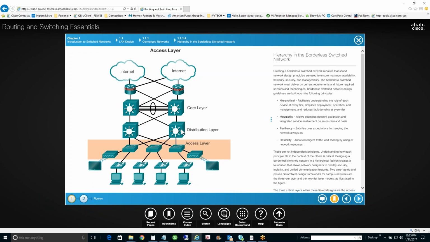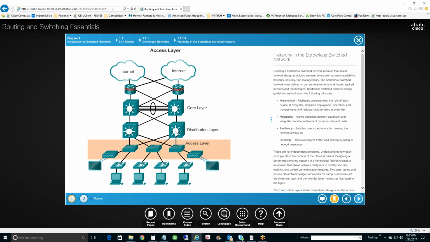So usually you'll have a distribution layer in a very large organization. It also aggregates all your layer 2 broadcast domains, or your VLANs, and we'll get into VLANs here in a little bit. It provides intelligent switching, routing, and network access policy functions to access the rest of the network. So this is where the intelligence in the network usually is. The core and the access layers are generally less intelligent in terms of the decisions that they make.